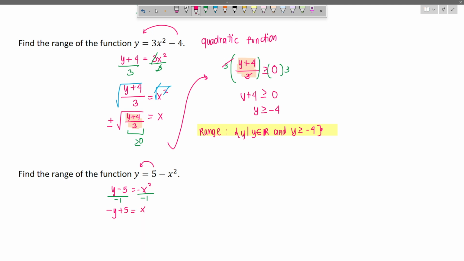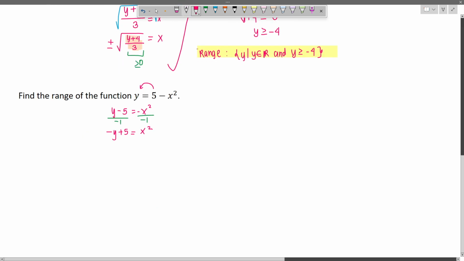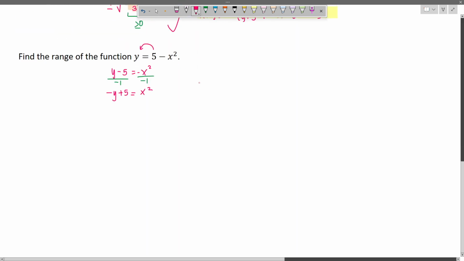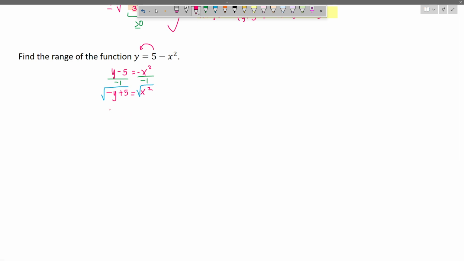And then this just cancels out, so we get x squared. Then from here, we can get the square root of both sides. So we know that positive or negative, negative y plus 5 can also be written as 5 minus y. So either way will be just fine. So square root of x squared, that's x.